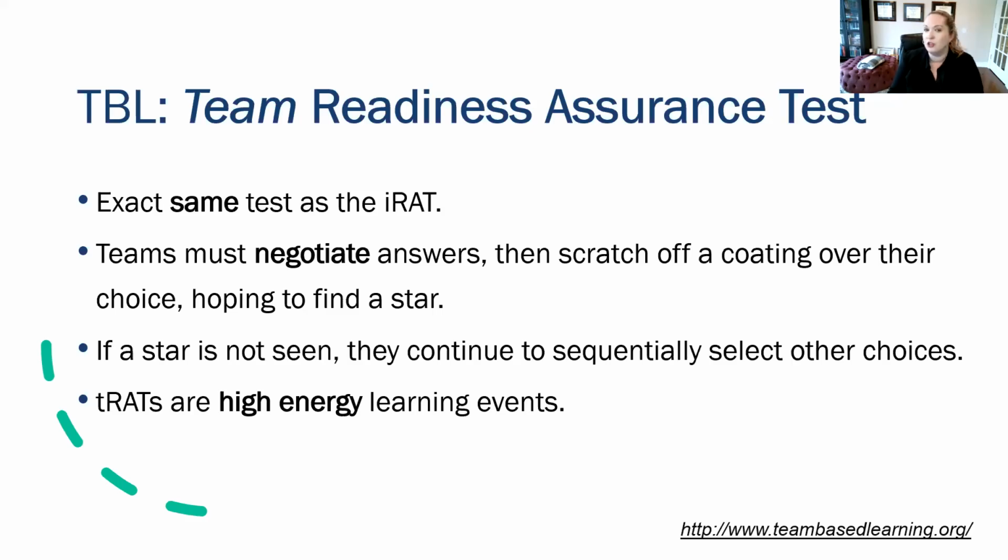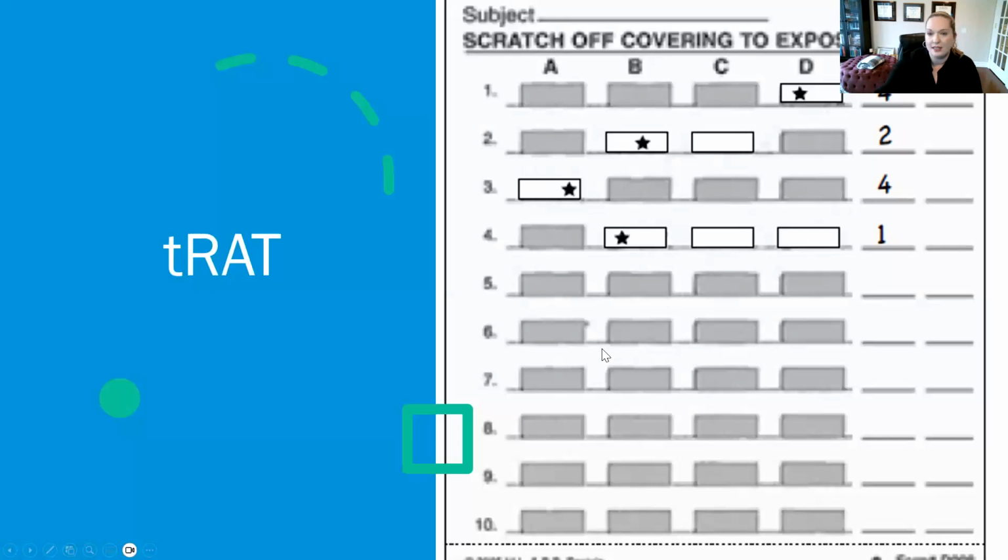So these are really high energy learning events, the team readiness tests. Some things that people who focus heavily on TBL do over the course of a course would be assigning a trophy at the end or some reward to the team that has the highest team readiness assurance test scores.